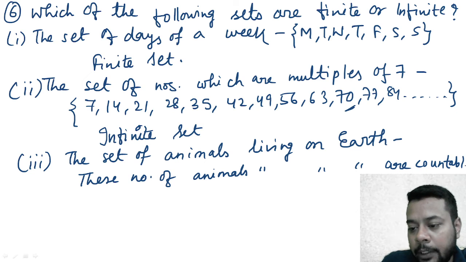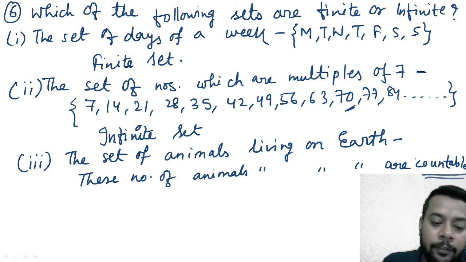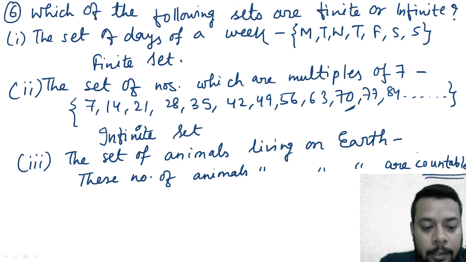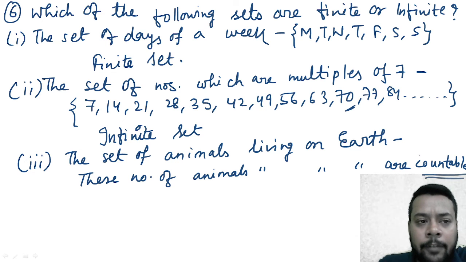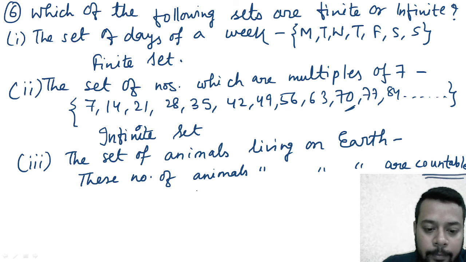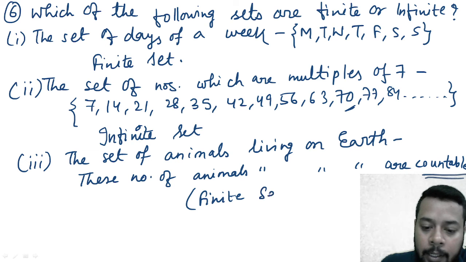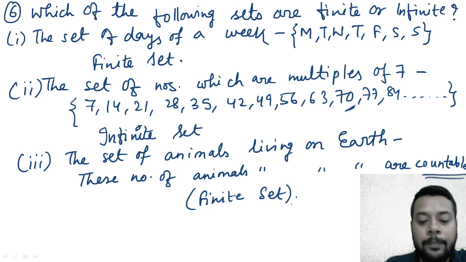This is the most important thing here for understanding whether it is finite or not. Whatever the number of animals may be, whether in lakhs or whatever, they are countable, right? So that is why this type of set is defined as a finite set. Moving to subpart 4.